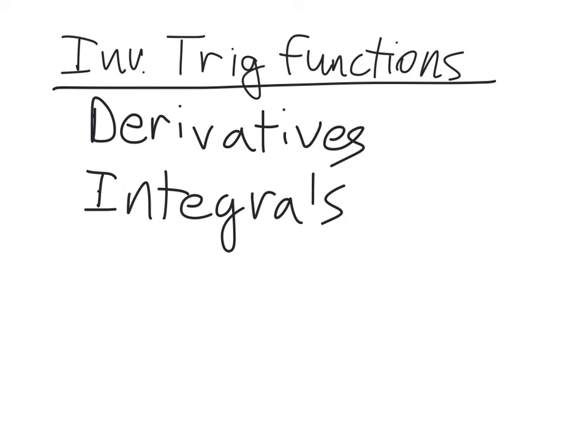I'm not going to make you memorize the formulas. I will allow you to have one sheet of notes, 8.5 by 11, front and back. Should be plenty of room, but that will be some of the main things you'll need on it.